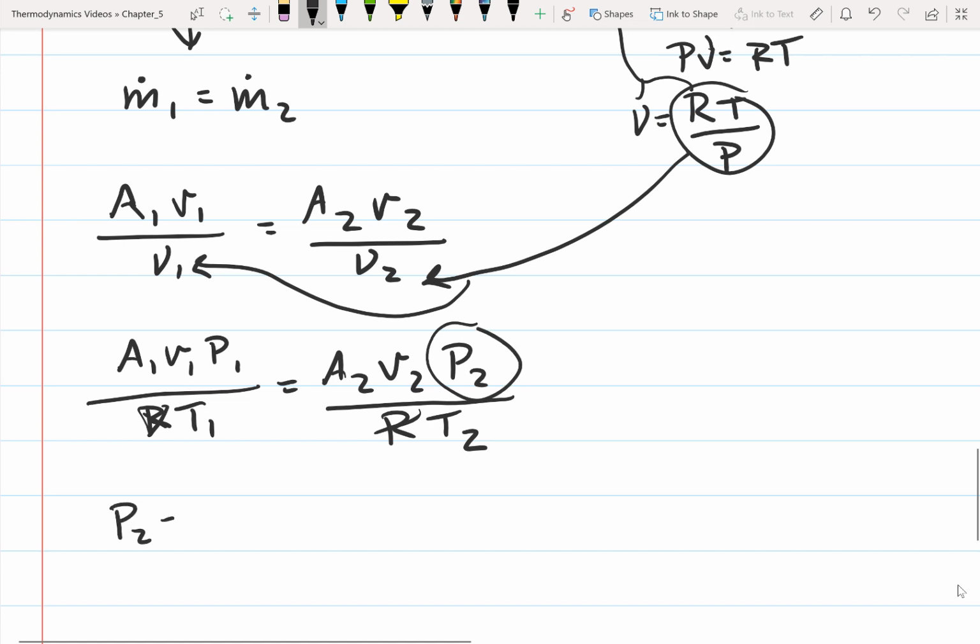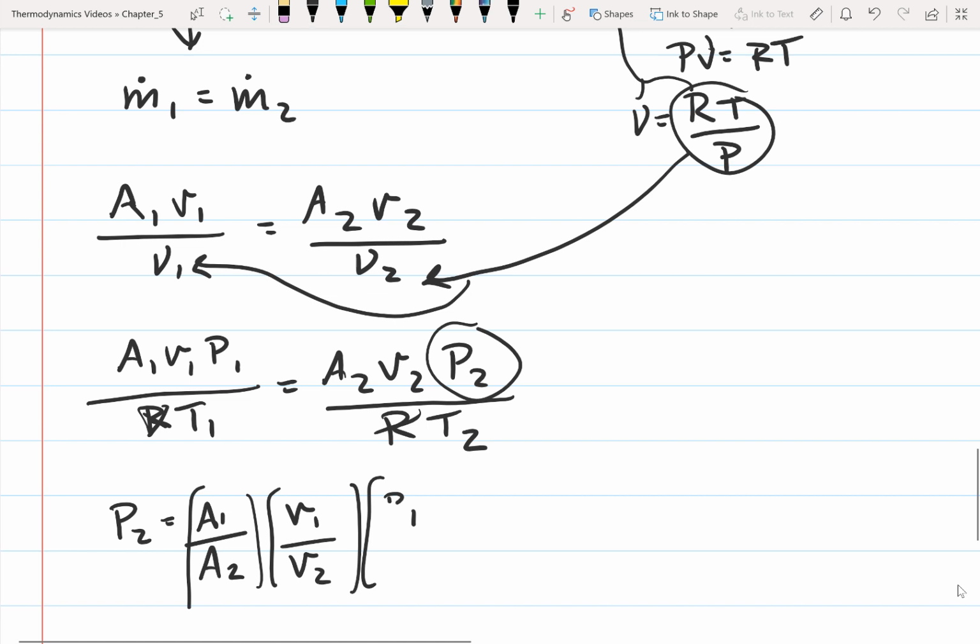So P2 is equal to A1 over A2, V1 over V2, T2 over T1, and then multiplied by P1. I'm solving for P2 and just rearranging the equation so I have like terms together.